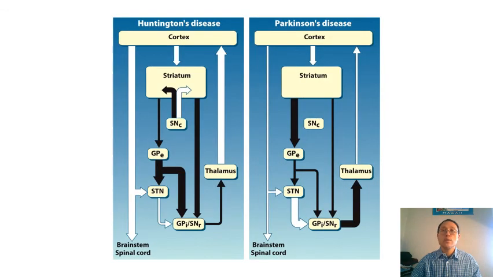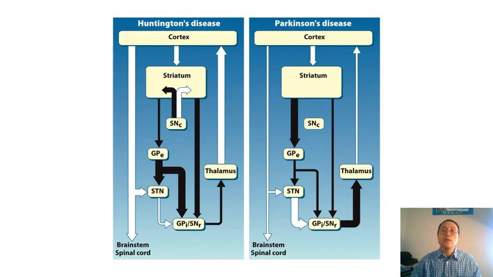Now, when it comes to the two famous diseases that involve the basal ganglia, these are Huntington's disease and Parkinson's disease. Each one involves different neurochemical alterations. Okay, now what you're seeing here, the white link is again the excitatory projections, and the blue link are the inhibitory projections.